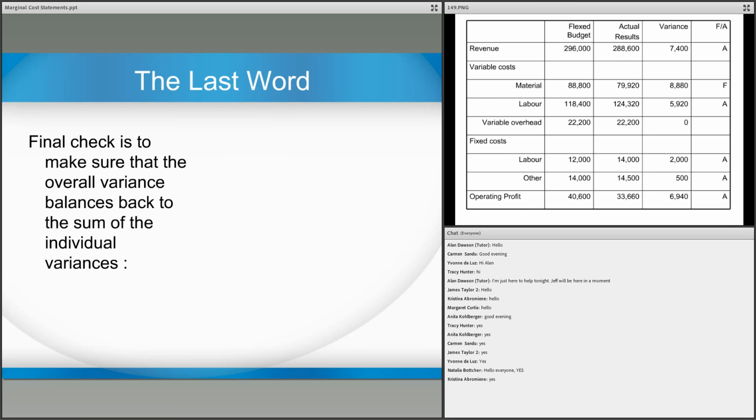What we do is sum up all of those individual variances and see how they compare to the total variance. We've 7,400 adverse, 8,880 favourable, adverse, nothing, adverse, sum them all up, 6,940, which is exactly the difference between the flex budget profit and the actual results.